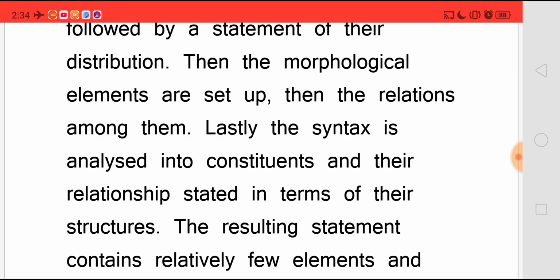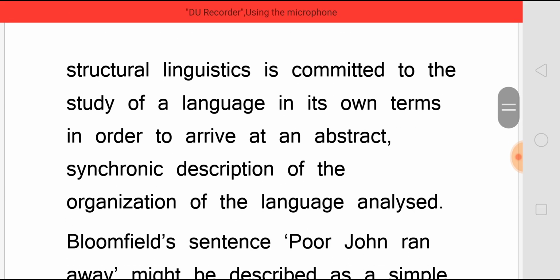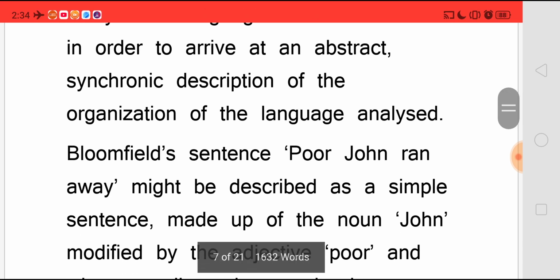Lastly, the syntax is analyzed into constituents and their relationship stated in terms of structures. The resulting statement contains relatively few elements and classes of elements. Thus, structural linguistics is committed to the study of language in its own terms in order to arrive at an abstract, synchronic description of the organization of the language analyzed.